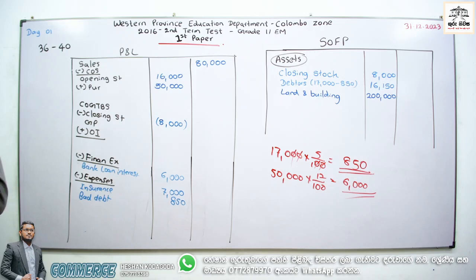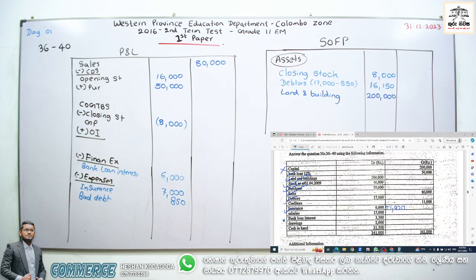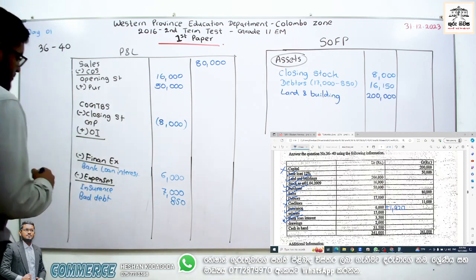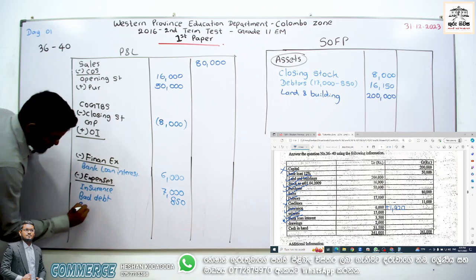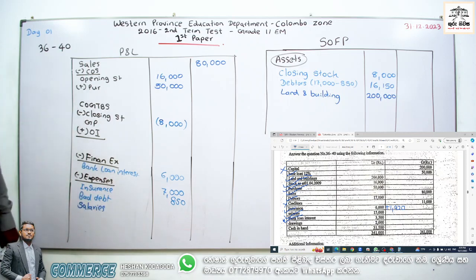Debtors already taken. So no need to worry about creditors. Why? We don't record creditors. Bank loan interest also taken. Salaries 15,000.